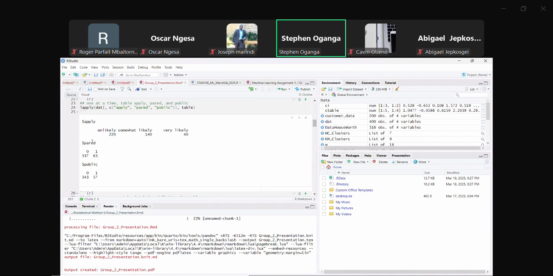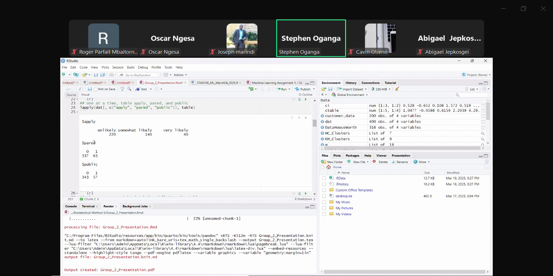So for the first variable, whether the parent was a graduate or not, it will determine if a student will apply to the graduate school.